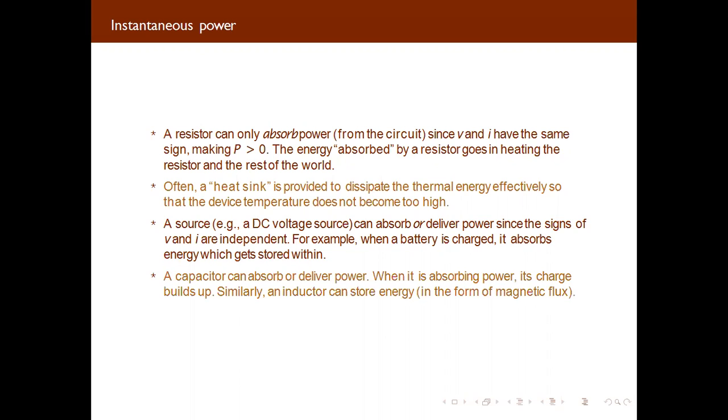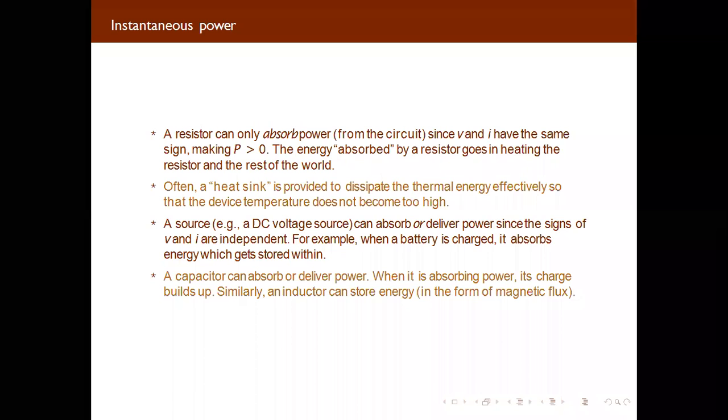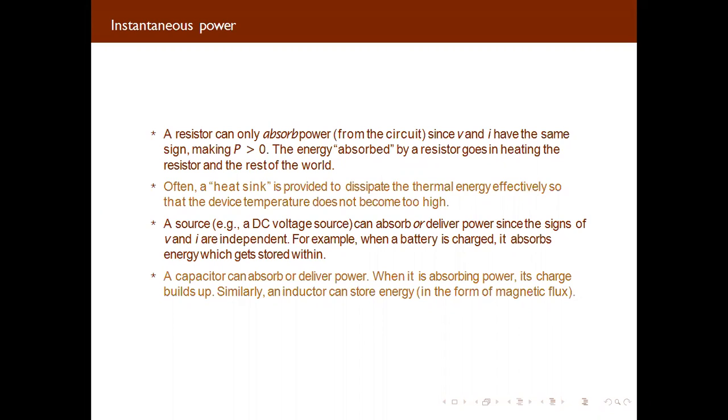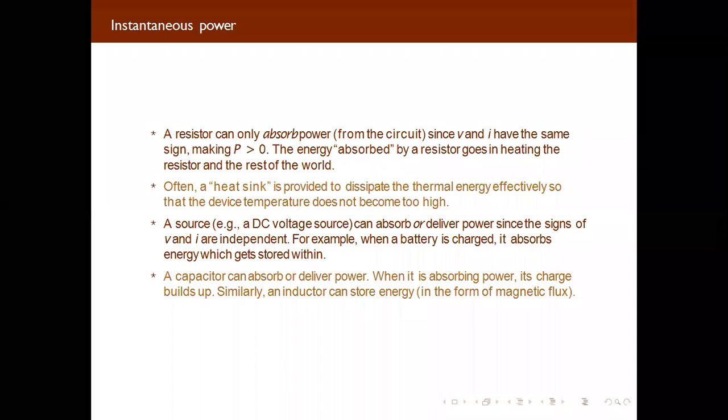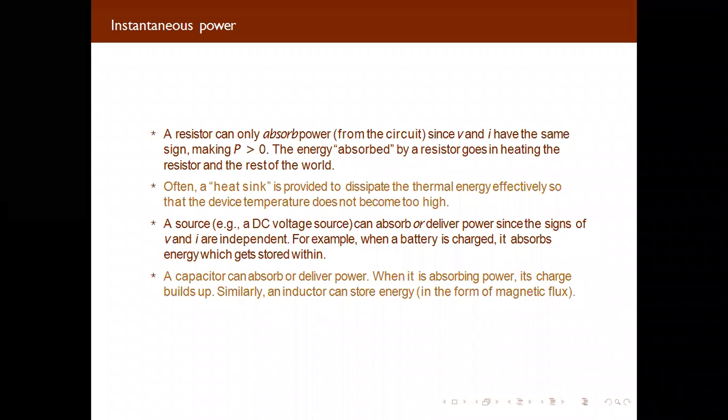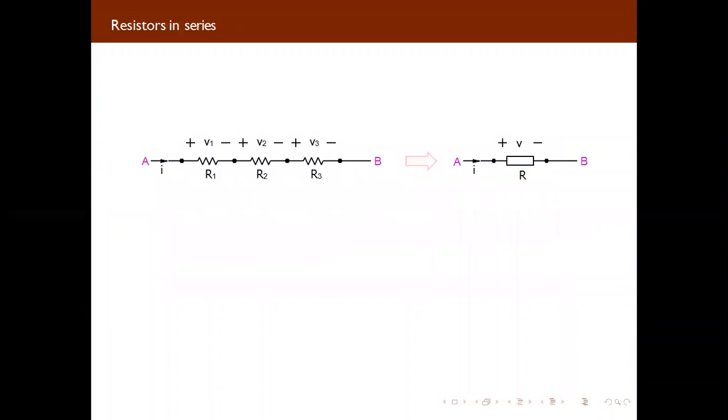A capacitor can absorb or deliver power. When it is absorbing power, its charge builds up. Similarly, we know an inductor can also store energy in the form of magnetic flux, but a capacitor stores energy in the form of charge. And what does an inductor do? In terms of magnetic flux.